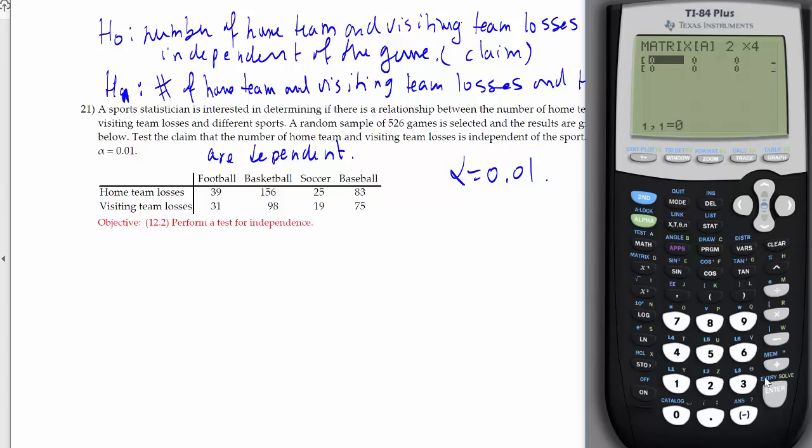You're going to fill it in now with numbers. 39, 156, 25, 83. And next one, 31, 98, 19, 75.